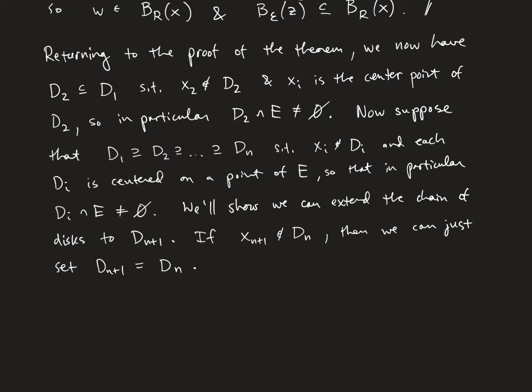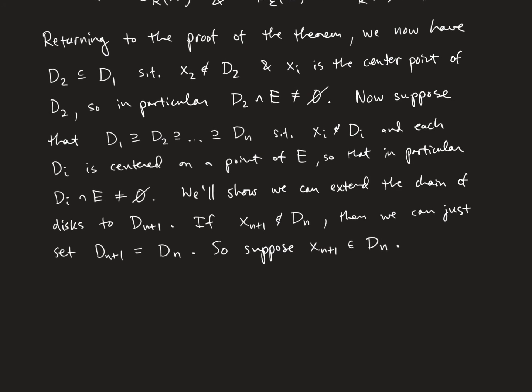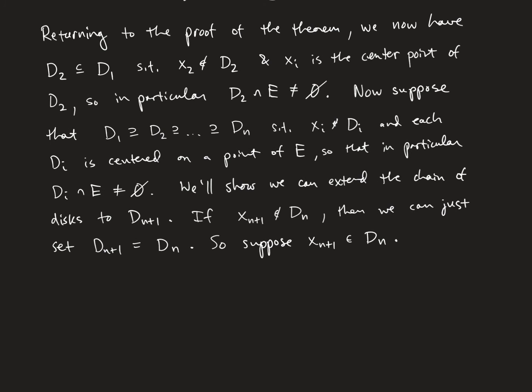Okay, so suppose that xn plus 1 is contained in Dn. There's going to be two cases.